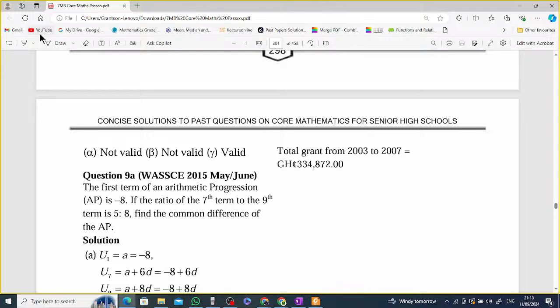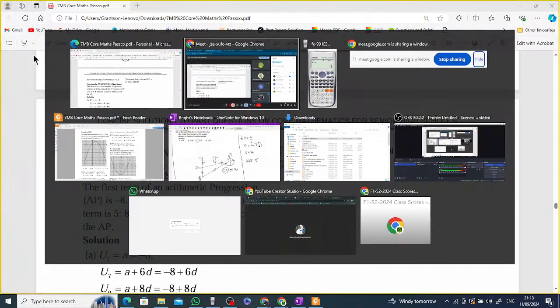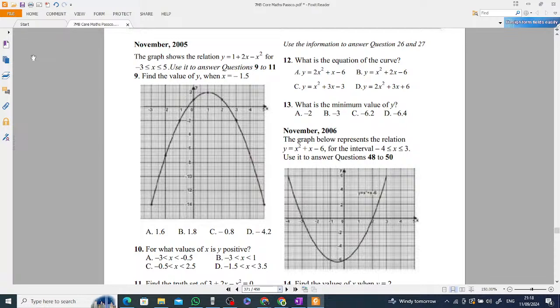I'm trying to look for the quadratic graphs, but I can't find it. Page number 371.